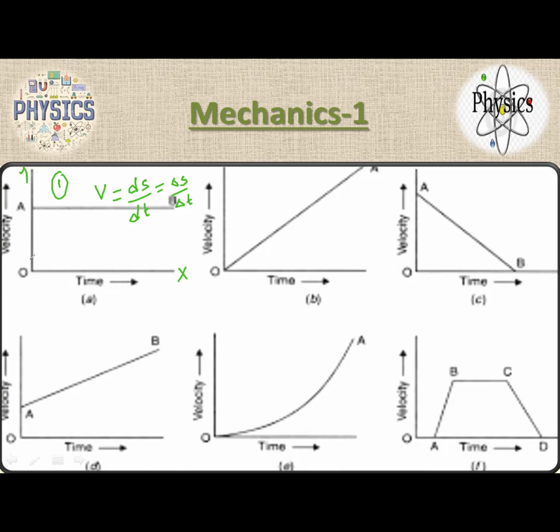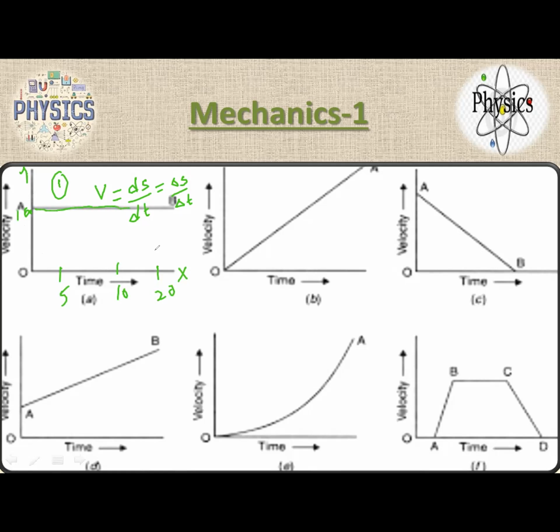As you increase the time, let us say 5, 10, 15, 20, it doesn't matter, the velocity is 10. So velocity is not changing with respect to time, right? It's a constant, right?